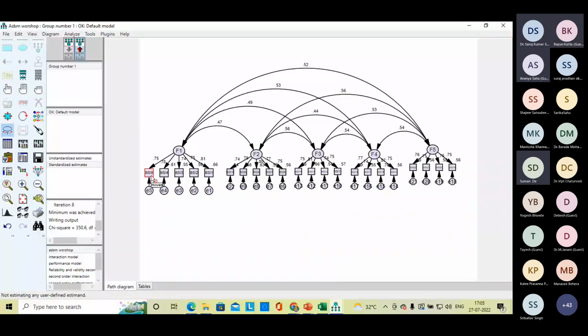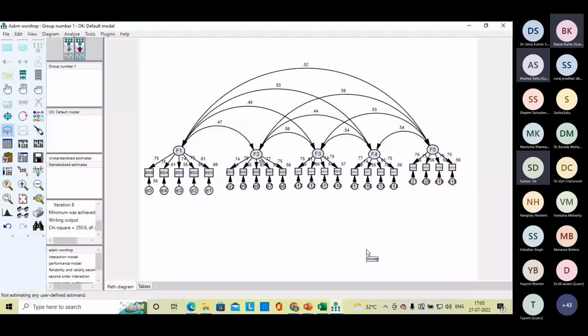That means these five variables can explain the first construct, factor F1. Likewise, all other four constructs are explained by their underlying indicators.